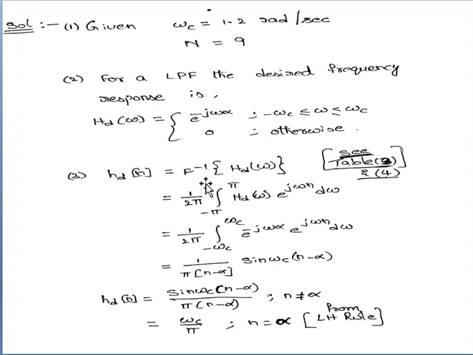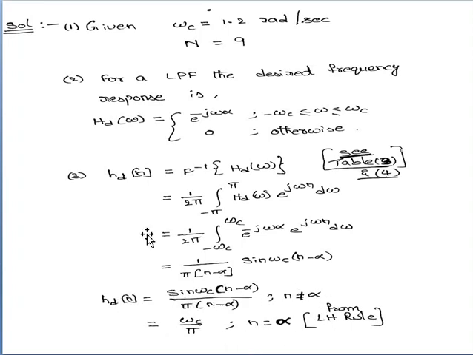Hd of n is equal to the inverse Fourier transform of Hd of omega. Use this formula and then find the Hd of n. These particulars are included in table 3 and table 4. So if you have an idea, you can directly take the Hd of omega and Hd of n equations. Otherwise, you may solve by using the formula. Okay.